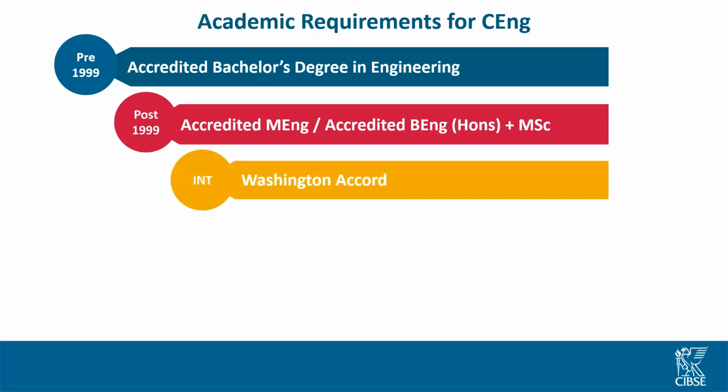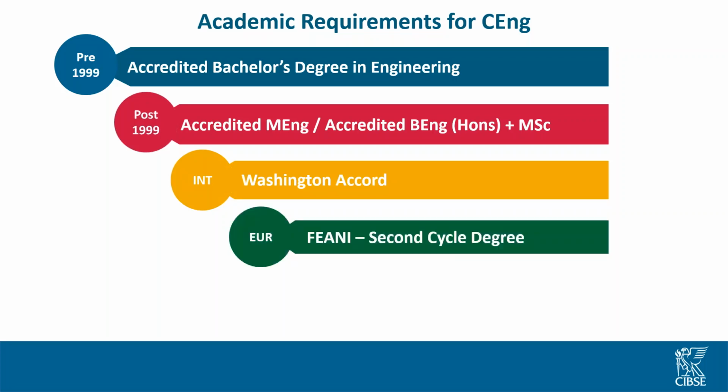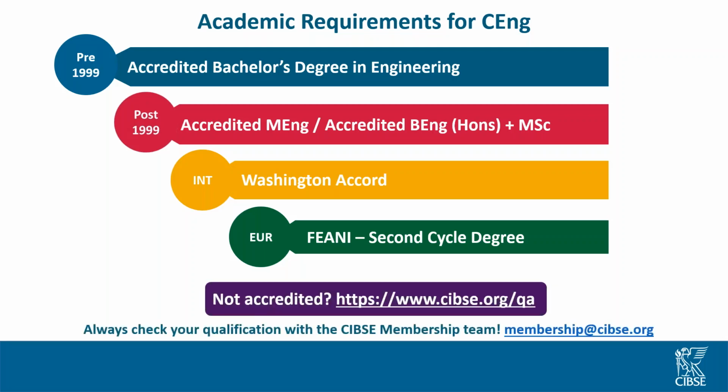If you have an international qualification, we would look on the Washington Accord to confirm its accreditation. If you've got a European qualification, we would check the FEANI database for a second cycle degree. And again, if it's not accredited, just contact one of us and we can help you.